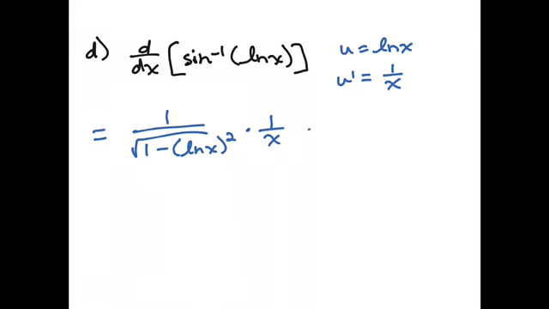And there's not a whole lot I can do to simplify this, but I can rewrite it, just make it look a little bit nicer by writing it as 1 over x times the square root of 1 minus (natural log of x) squared.